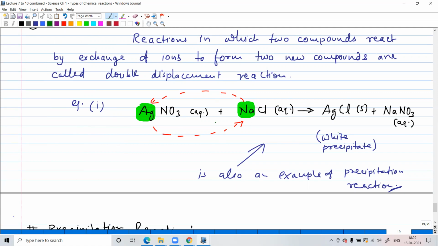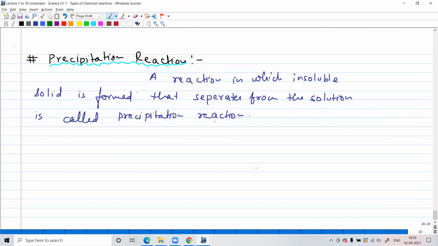And there is a precipitate formed. Okay, so remember, most of the double displacement reactions are also examples of precipitation reactions because in most of them there will be some precipitate formed. All right, so I'll give you more examples. Keep this in mind, these are all examples of double displacement as well as precipitation.